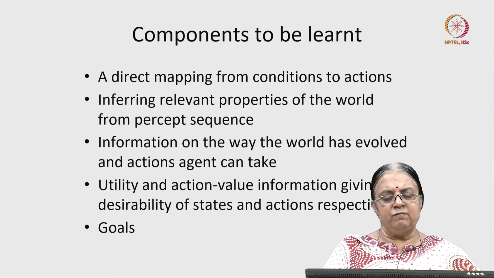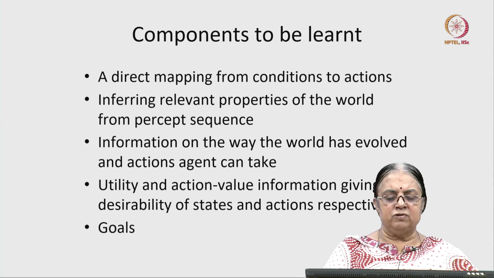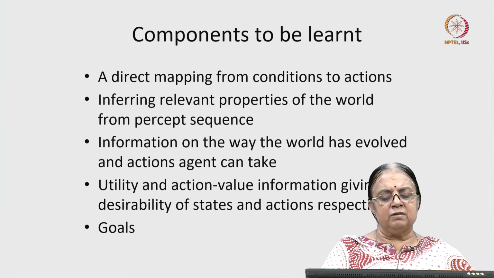And then information on the way the world has evolved. Obviously, the agent has an idea of what is happening in the world, because it is sensing what is happening in the world. Looking at that, how the agent has to evolve in its knowledge and what action the agent needs to take. And then utility and action value information. In other words, how does it make a decision on what action to take?